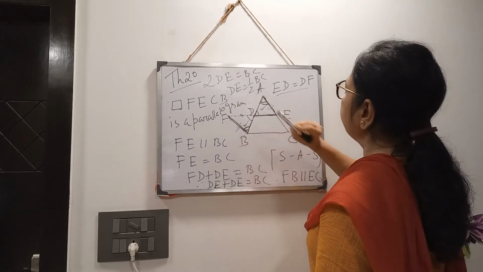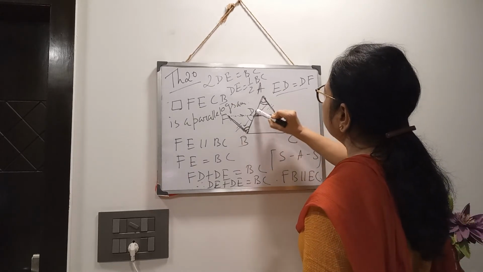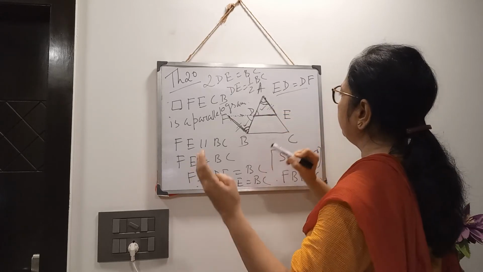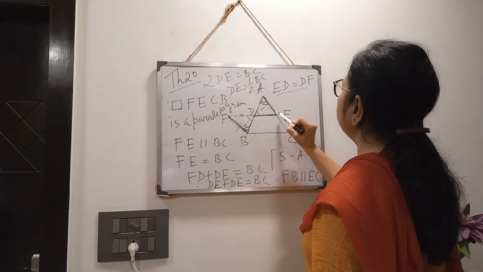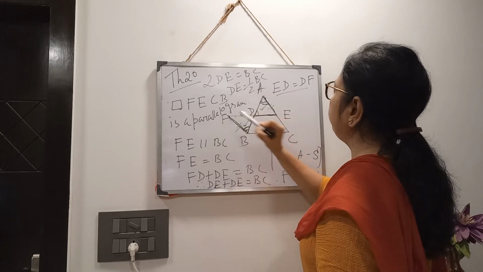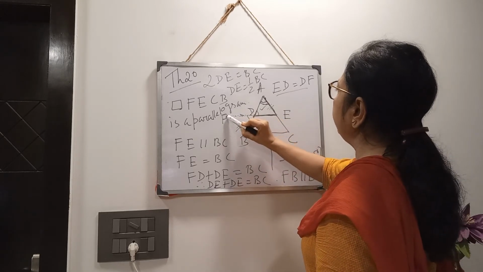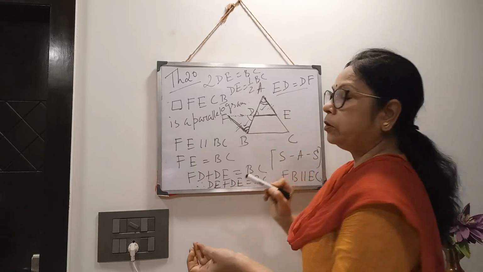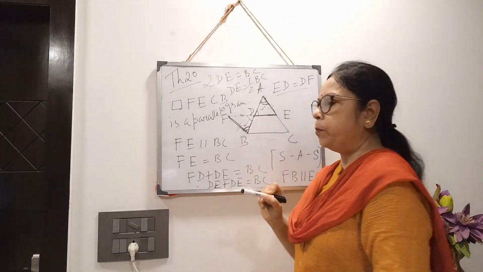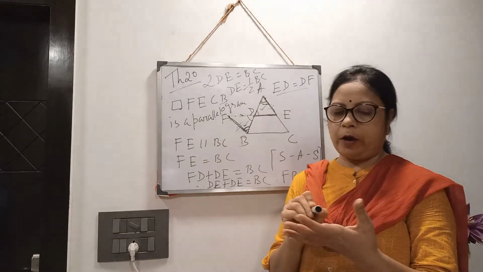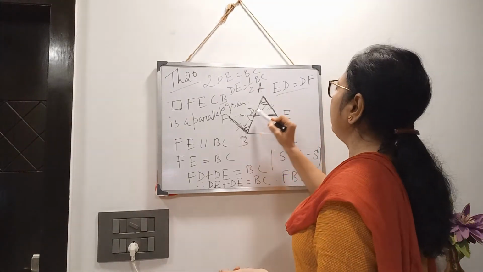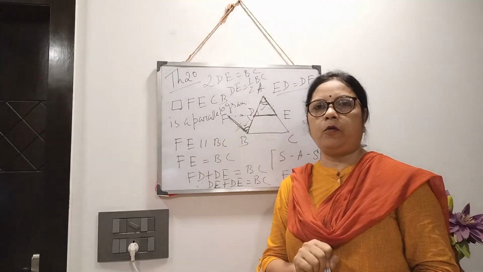In these two triangles, D is the midpoint, so AD equals DB, number 1. According to my construction, ED equals DF, number 2. And angle FDB equals angle ADE, number 3. Why? These are vertically opposite angles. So according to side angle side congruency, these two triangles are congruent.